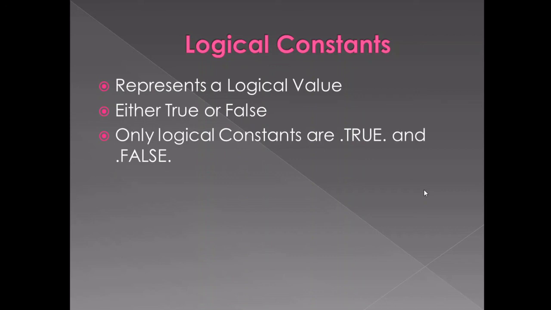The only logical constants possible in Fortran are written like this, with dots: .TRUE. or .FALSE. So this is all about Fortran constants, the different types, and the rules which need to be followed in writing down these constants.